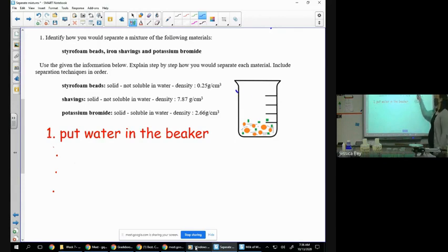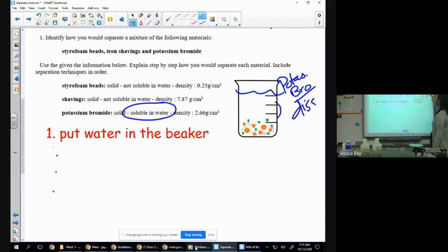If you put water in the beaker, there is only one soluble thing. The potassium bromide is going to dissolve. Then we have some less dense things that will go to the top and some more dense things that will go to the bottom.